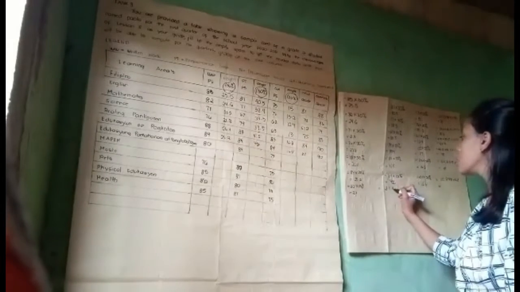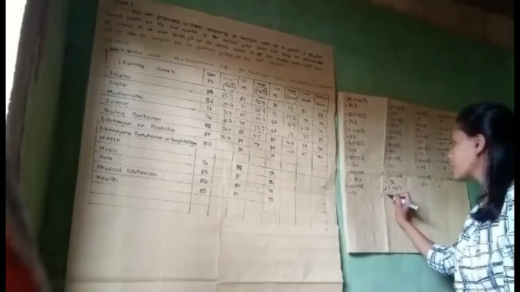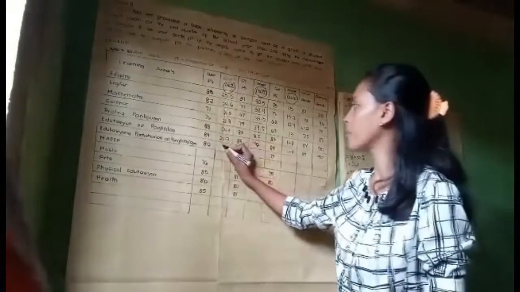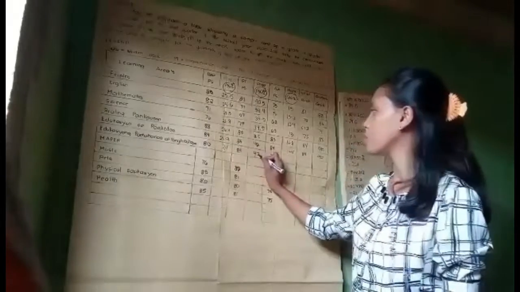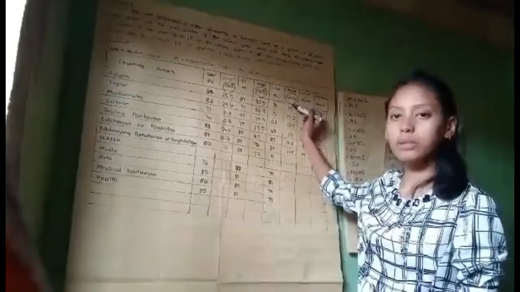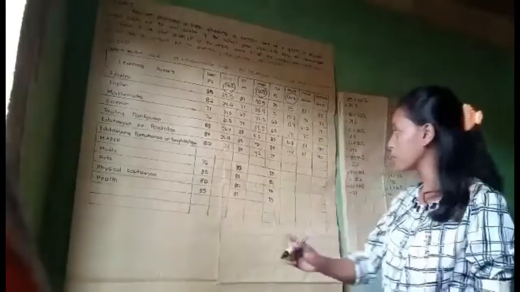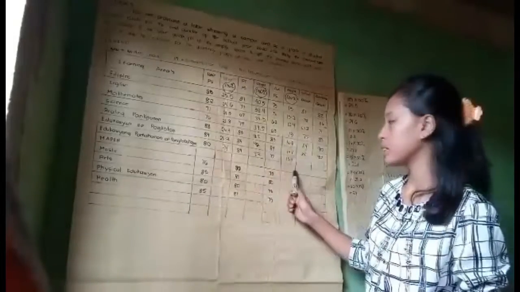Next is 84 times 50%, which is 42. Then 77 times 20% equals 15.4. 24 plus 42 plus 15.4 is equal to 81.